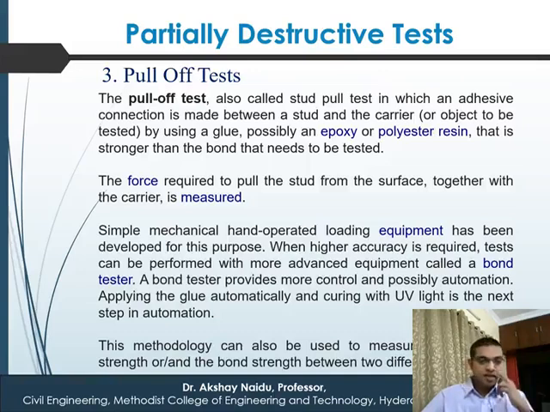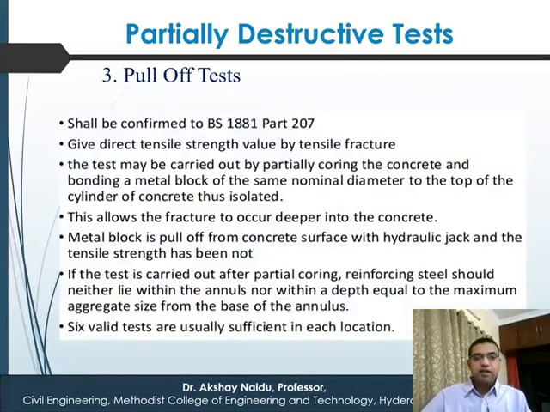Next test is pull off test. I'll skip this part, you can read it later, but I'll go directly to the methodology. So pull off test conforms to BS 1881 part 207, British Standard.